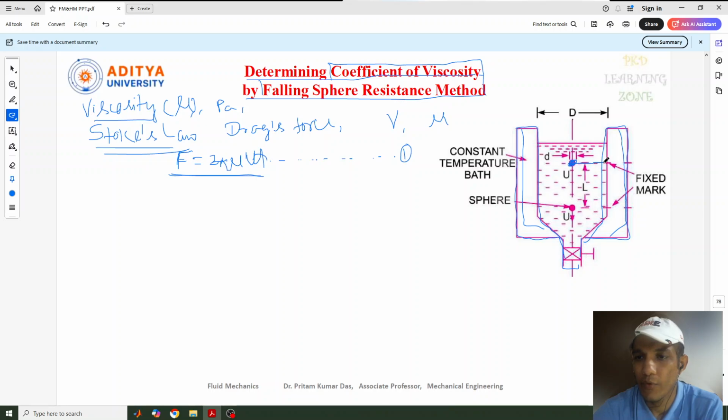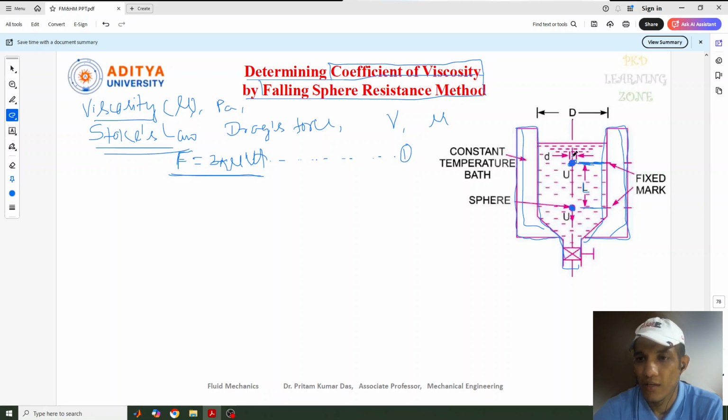Suppose this is the point where it started moving with a velocity u, and the same velocity u continues, and let there be another point here. These are the two positions of the sphere we have considered, and the distance between these two positions is L. These are the fixed marks: this is one point and this is another point.